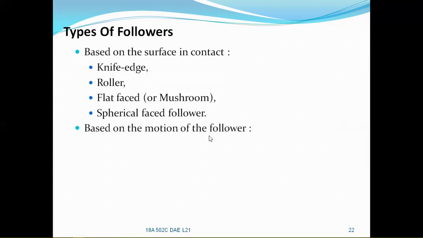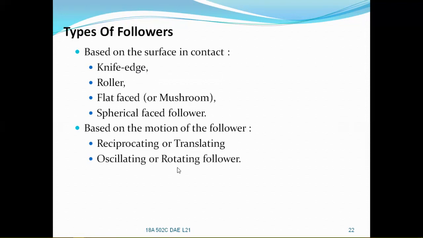Based on the motion of the follower, there are reciprocating or translating followers, and oscillating or rotating followers.